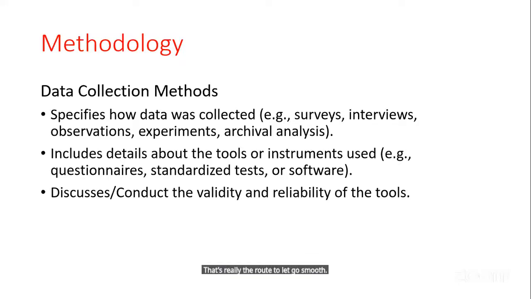So data collection methods are the different types of ways of collecting data. So how was the data collected? Survey, interview, observation, experiments, or archival analysis. So we have quantitative data and qualitative data, qualitative research and quantitative research.